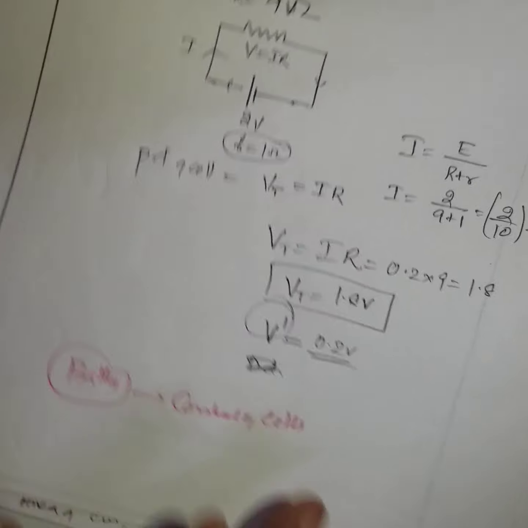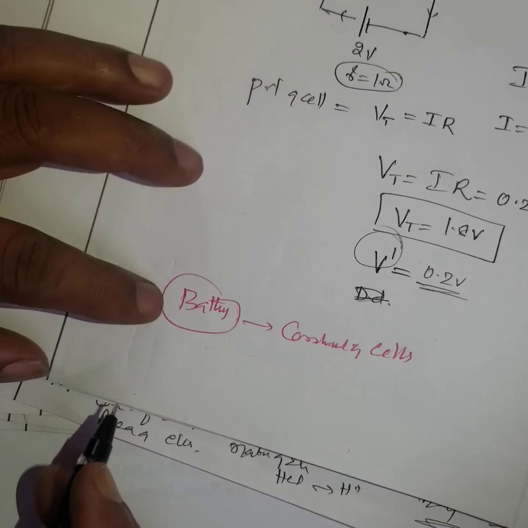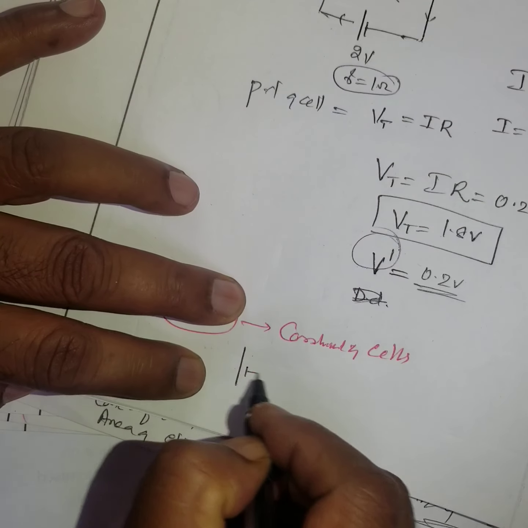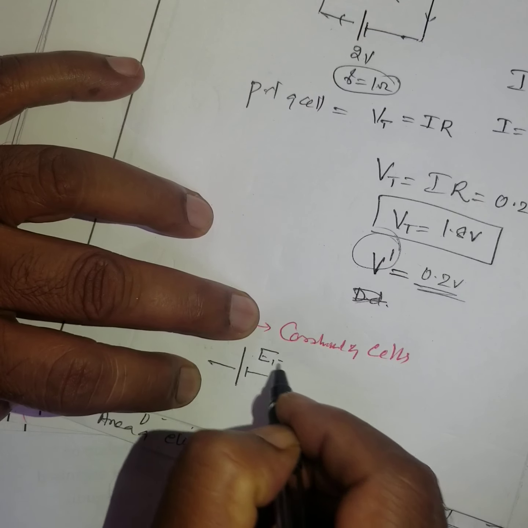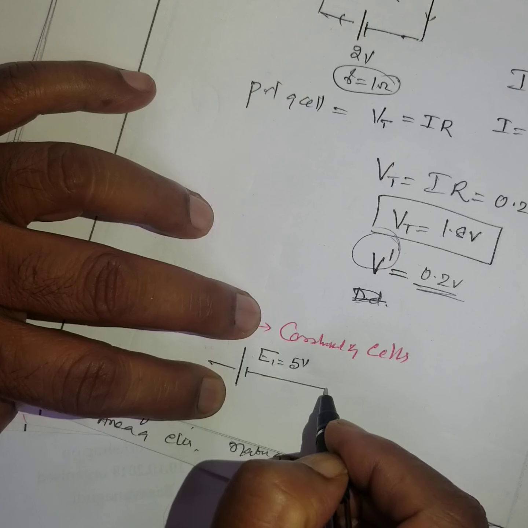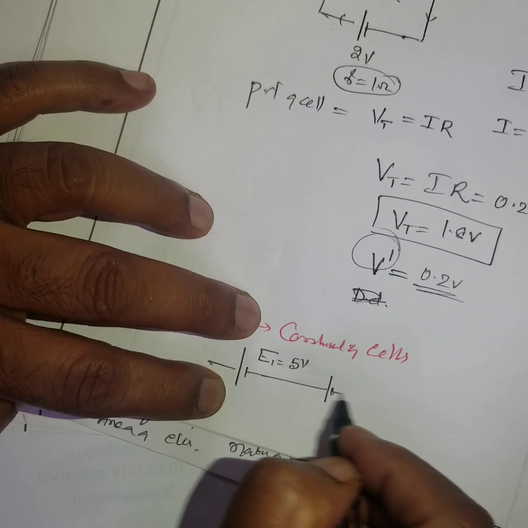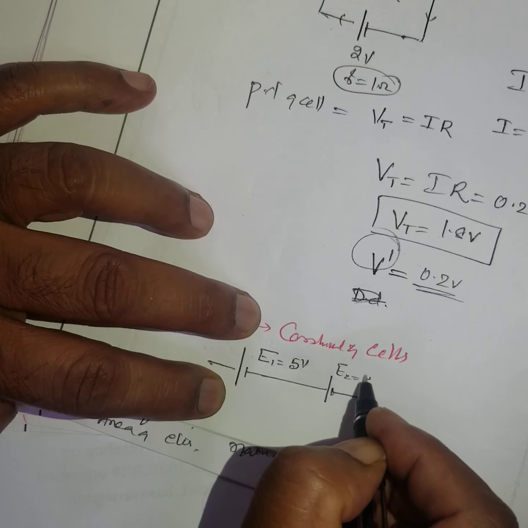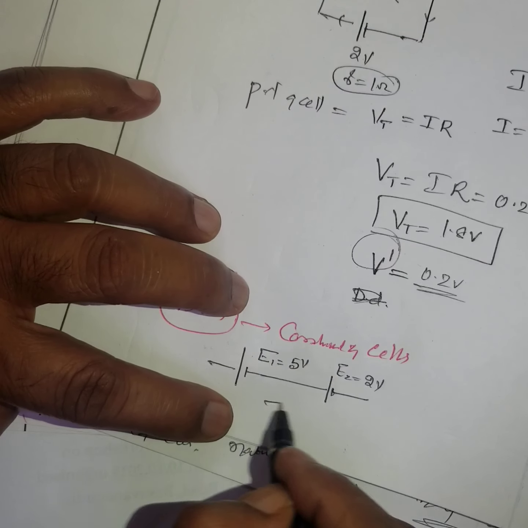Now, in the battery, suppose I have an EMF E1 is equal to 5 volt. This is E2 is equal to 2 volt. What is the EMF here?